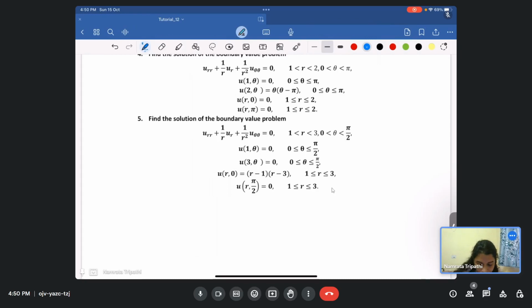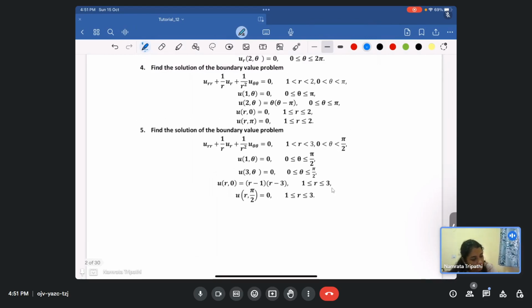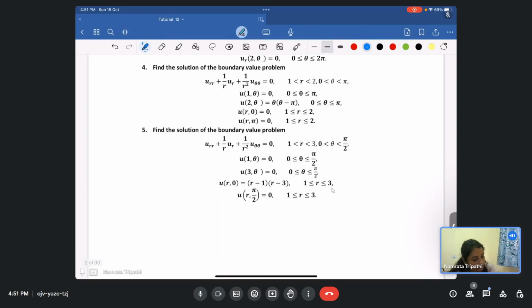We will solve for R(r) and T(θ), and with the help of boundary conditions, we will solve one SL problem, and with the help of lambda, we will solve another problem, so that we can write u(r, θ). And after applying two boundary conditions, we can get the constant term. This is the procedure you can apply in the similar manner as we have solved question 4 and question 3.